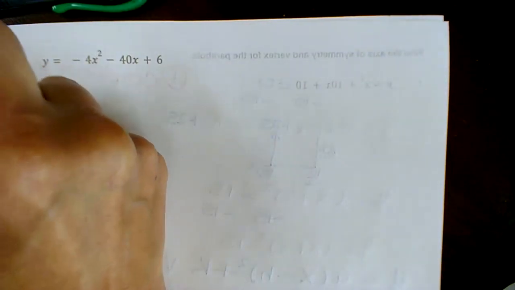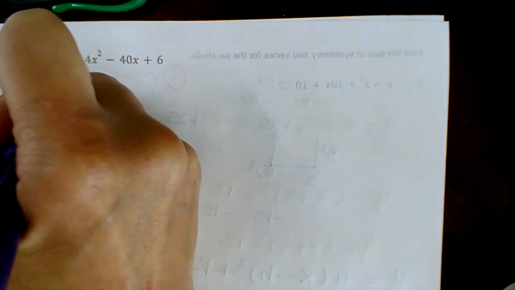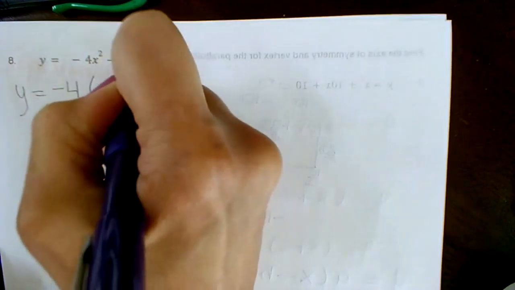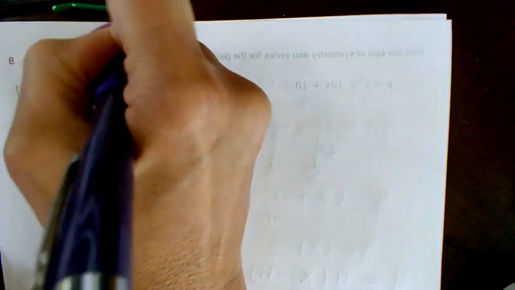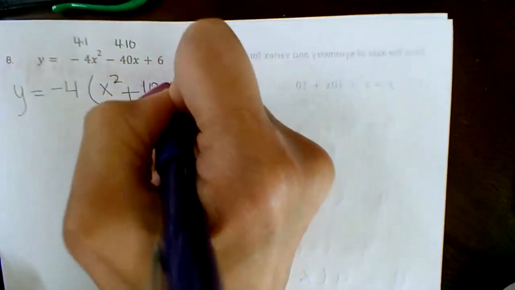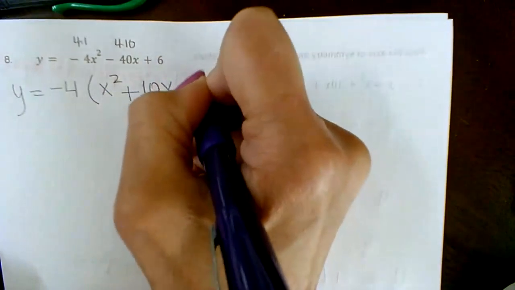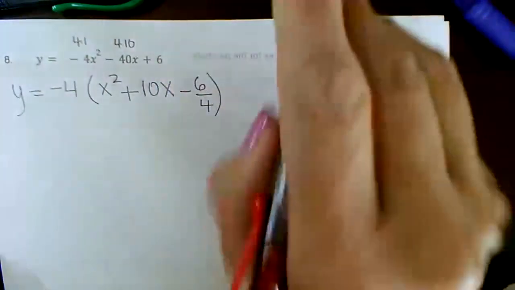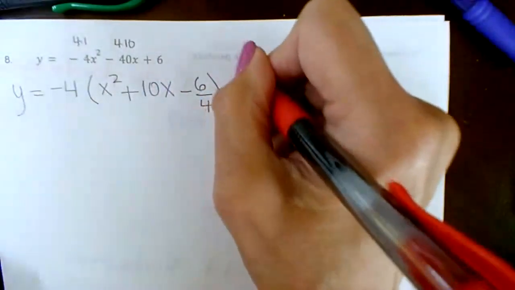So it's going to be y equals -4 times x squared plus 10x minus 6/4. And what we just did here was we factor out the -4.